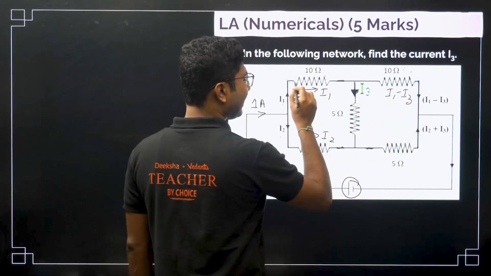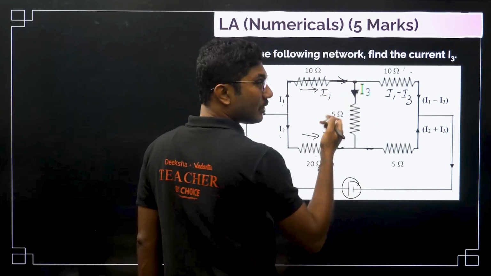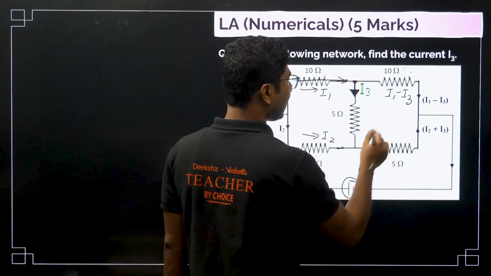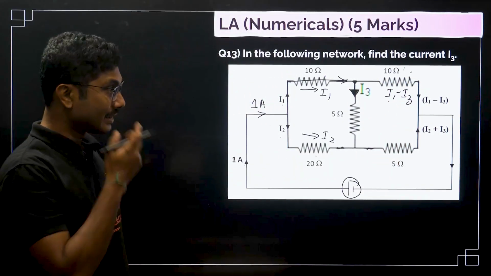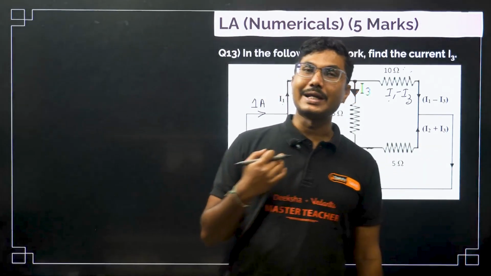So entering the circuit is I1 at this junction, exiting must be equal to the same. So if I3 current exits in this direction, then the remaining current I1 minus I3 must exit through the other resistance. This is very, very important to understand when you are doing circuit analysis.